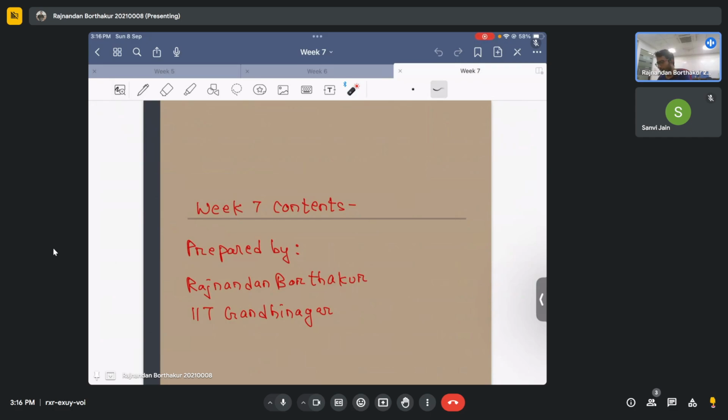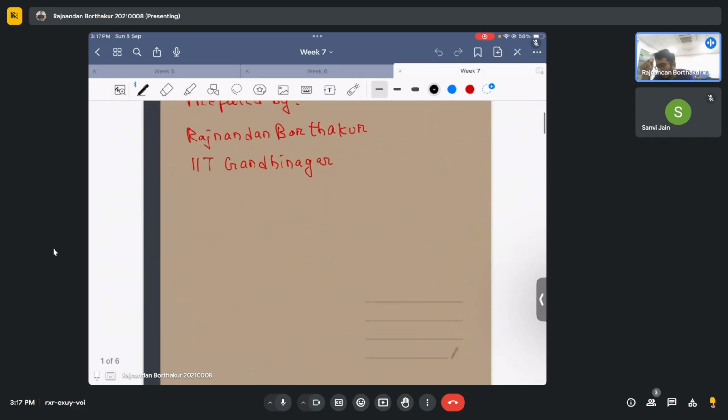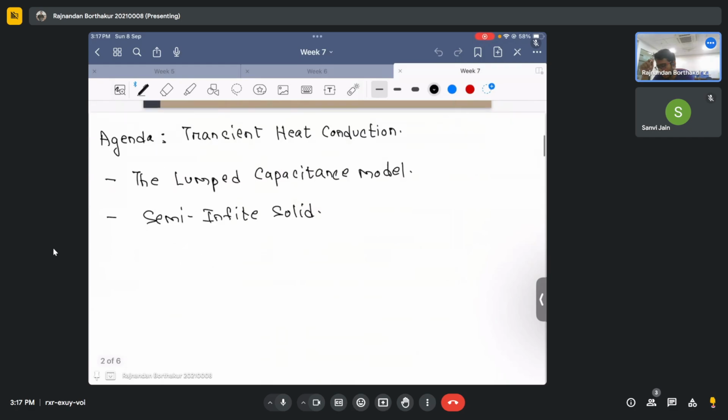I'll wait here for a couple of minutes. In the meantime, if you have any doubts associated with the contents of the last class or the week's lectures, or anything related to your assignment, feel free to ask, or else we'll proceed with something which is again a very interesting topic, known as transient conduction.